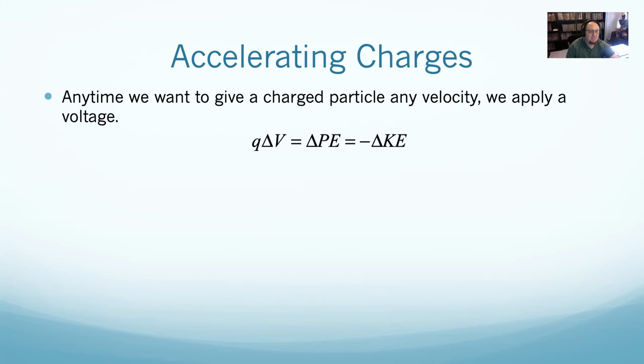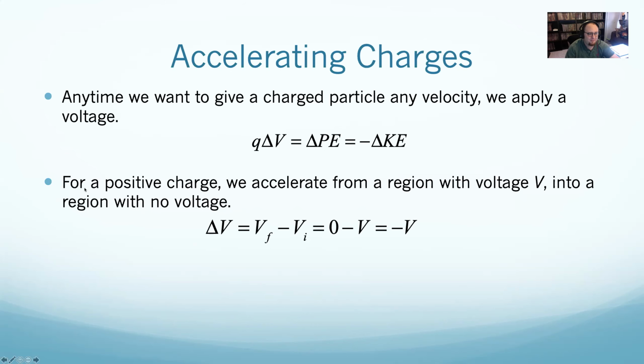Now, here's the other crazy thing we do. When accelerating, we're going to do the positive charges for now. I'll come back to negative charges in a second. If it was a positive charge, we normally talk about accelerating from a region with some voltage V into a region of no voltage. Delta V is V final minus V initial, so let's just define one region as 0.